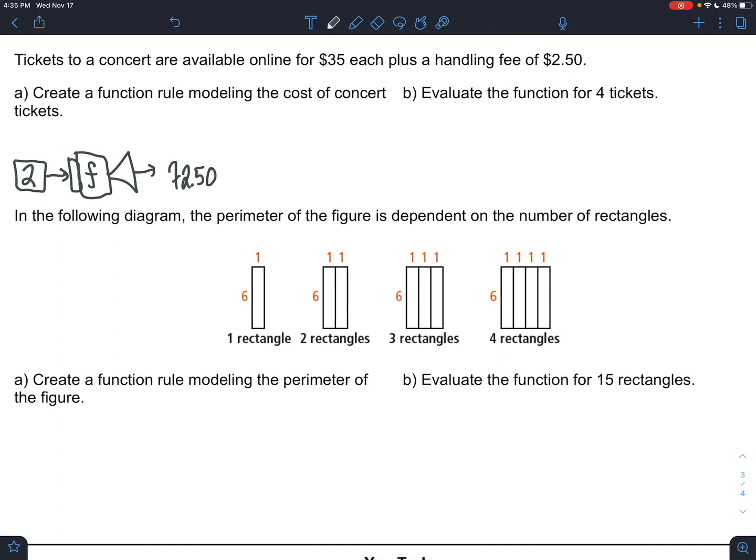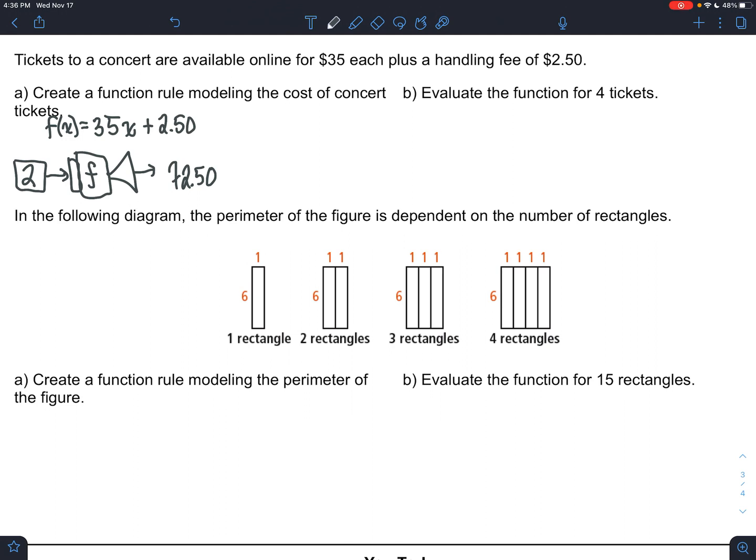And if we go back to what I said, 35 times 2 was a big part of it. So the function takes the input 2, multiplies it by 35, but then it's got the handling fee as well, and we had to add that on the end.